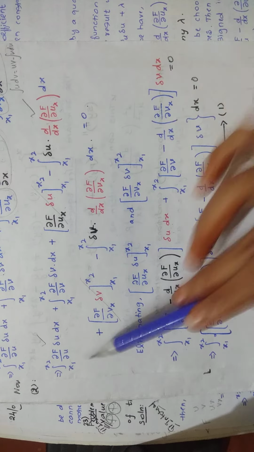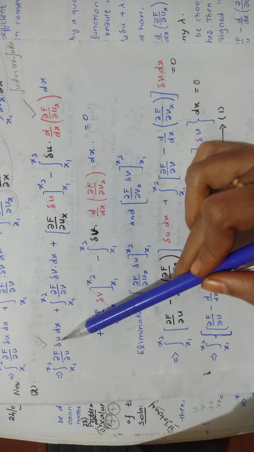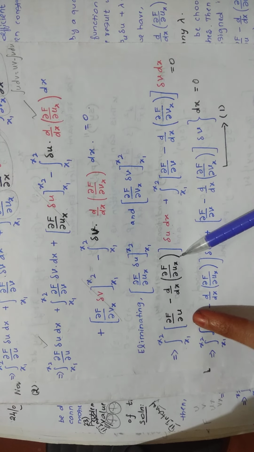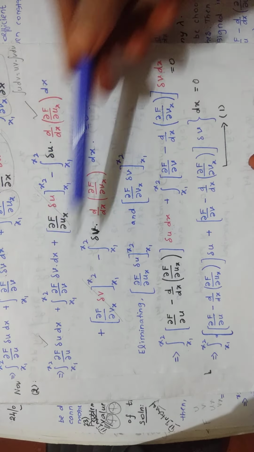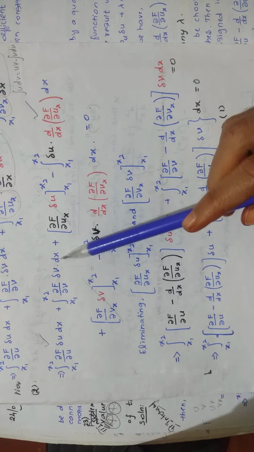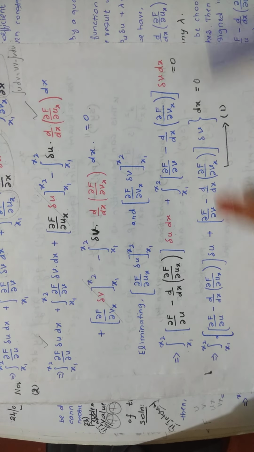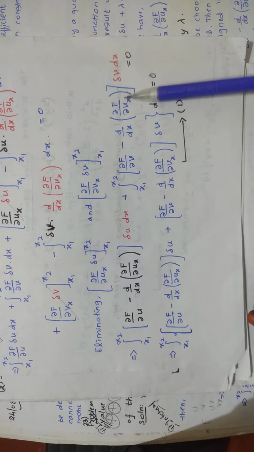So you take this integration and delta u dx common, so that you will get this line. Also look at these two terms. In these two terms you can see this integration and delta v dx common. So you can take that common and write the remaining like this, so that you will get this step.